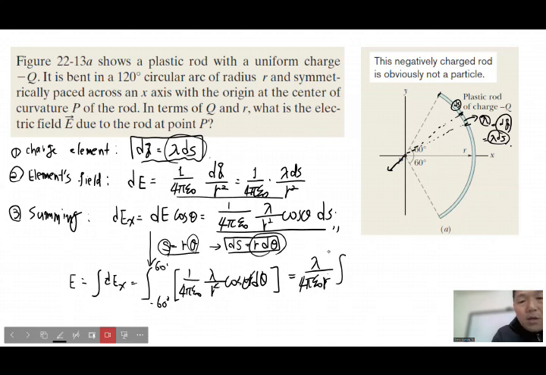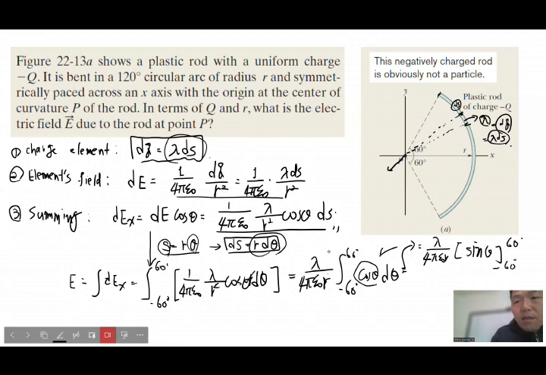So the equation becomes the integral from minus 60 to 60 degrees of cosine theta d theta. The integral of cosine is sine theta, so this is sine theta from minus 60 degrees to 60 degrees. 60 degrees is the same as pi over 3.